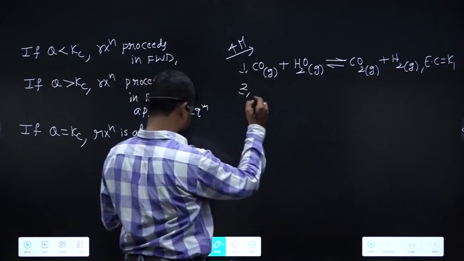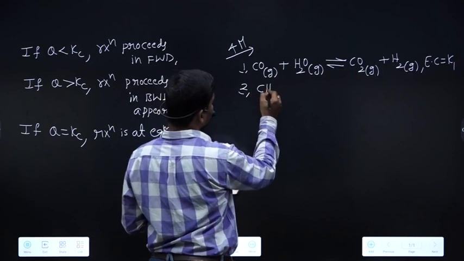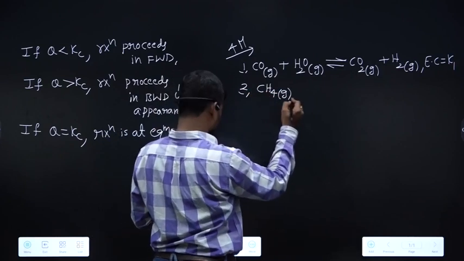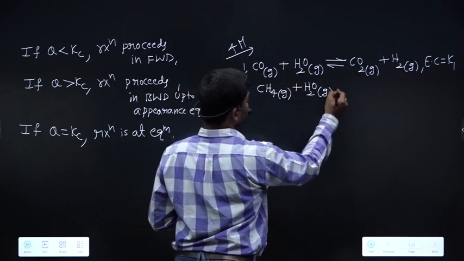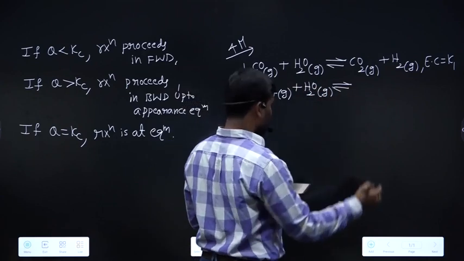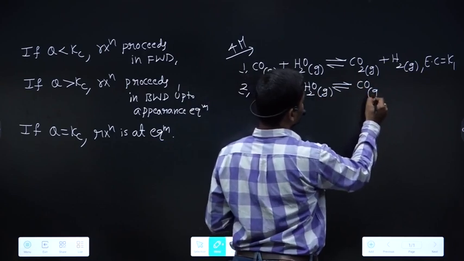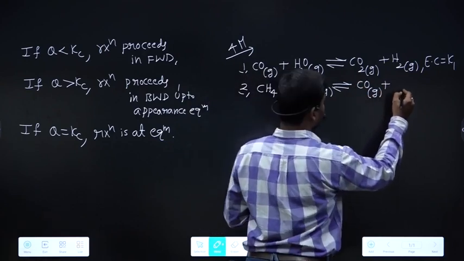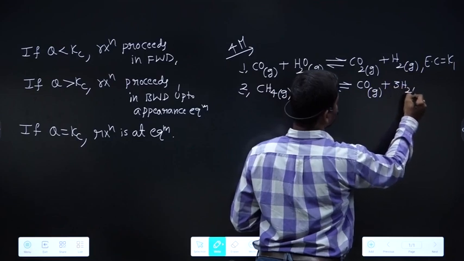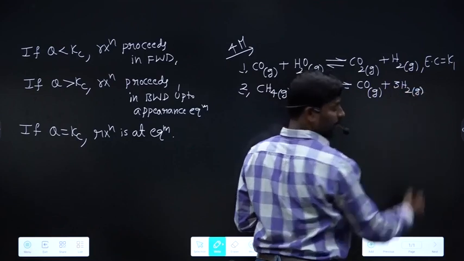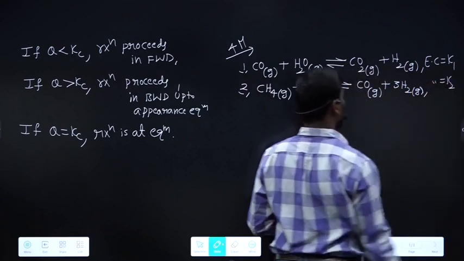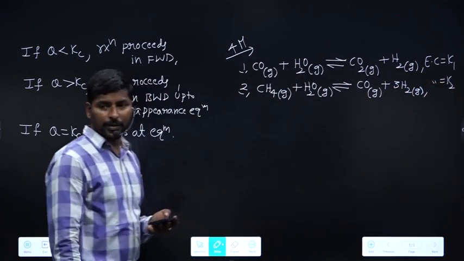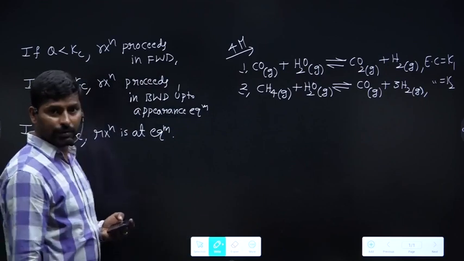Second reaction: CH4 gas plus H2O gas gives CO gas plus 3 moles of H2 gas, equilibrium constant is K2.